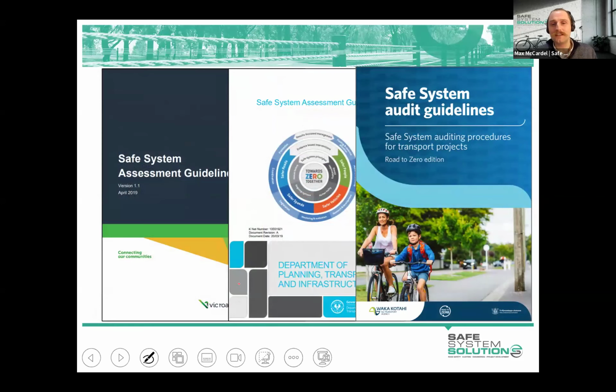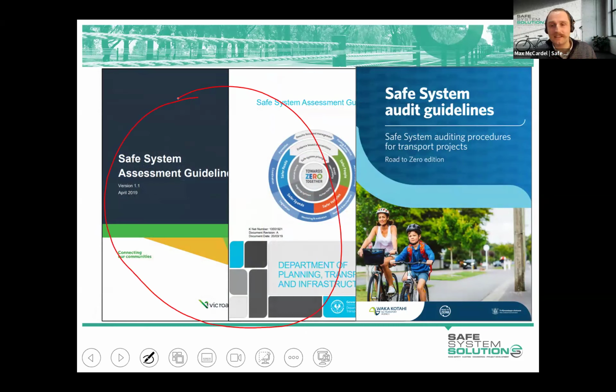But as I mentioned at the start, there is jurisdictional supplementary information, I guess you could call it. So Victoria and South Australia, DIT, we've got our own additional sections as part of a safe system assessment.